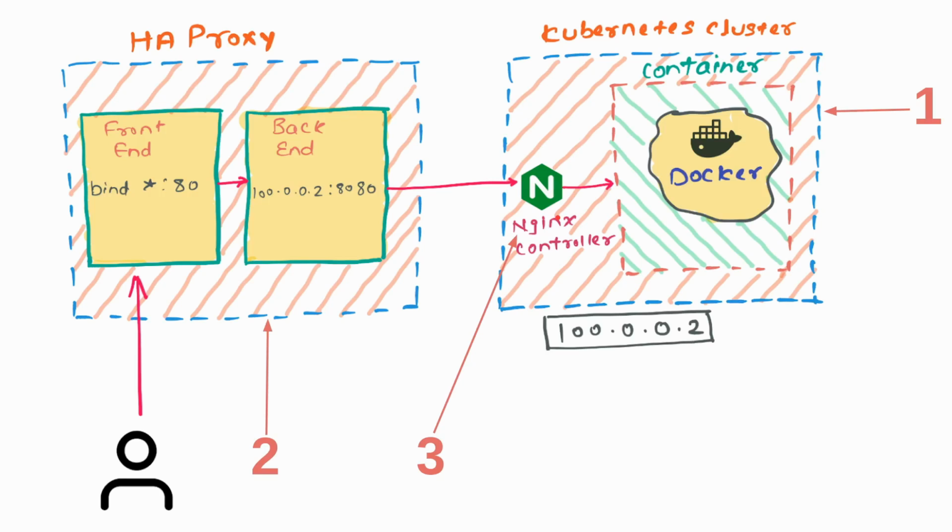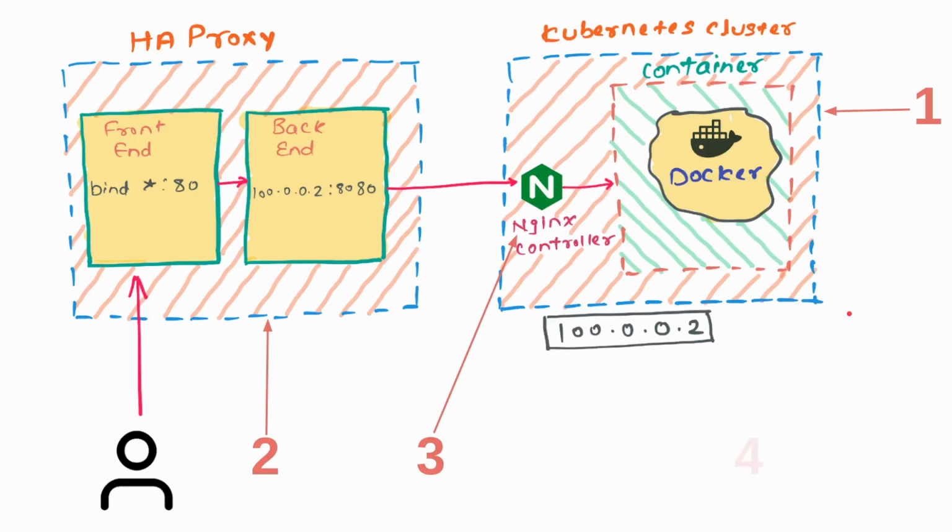So a user accesses the HAProxy, from HAProxy it load balances to the backend, and then the backend is able to access the Nginx controller, which is sitting somewhere in your Kubernetes cluster. So this is step number 3, where we are going to set up the Nginx controller inside the Kubernetes cluster.